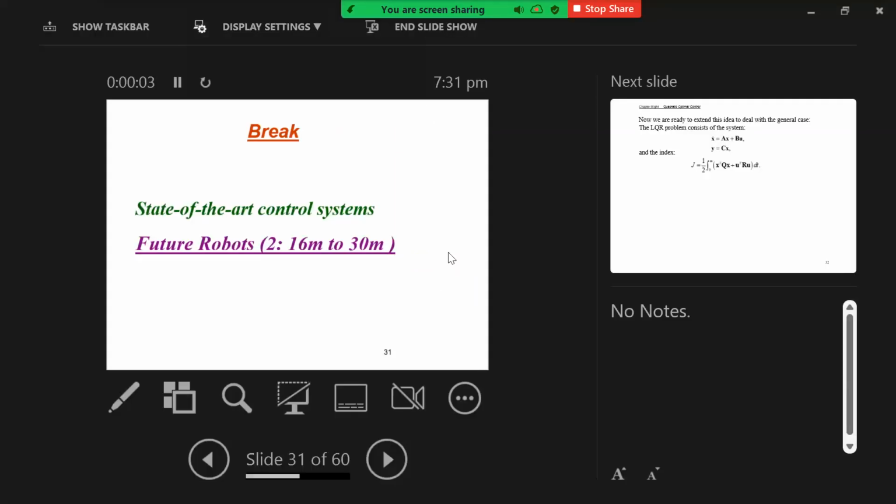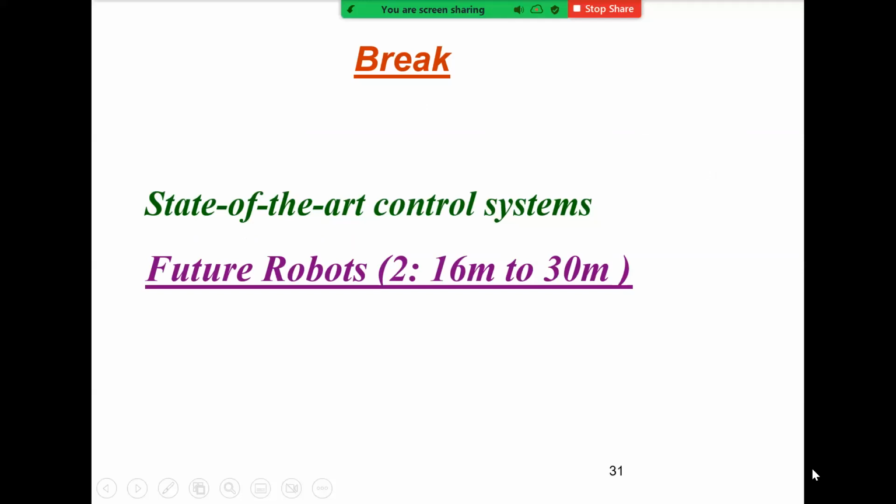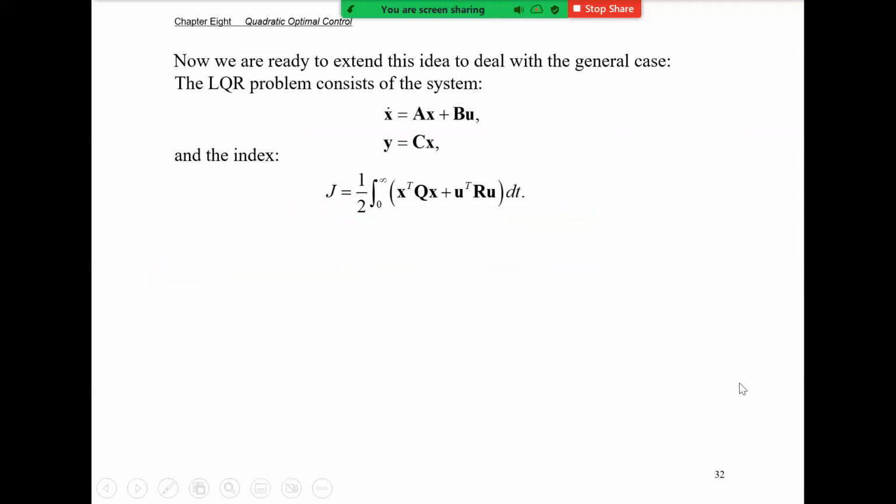All right, let's start the second half. So now we are going to extend the idea of the method to deal with the general case. So we have this equation now. Remember x and u as vectors.